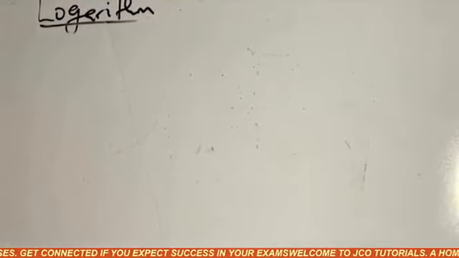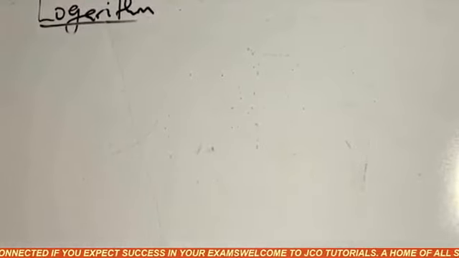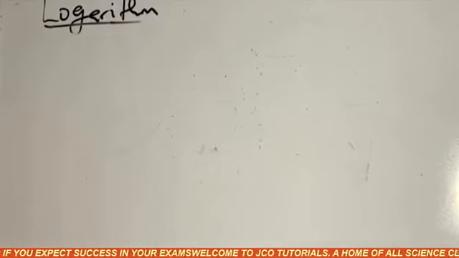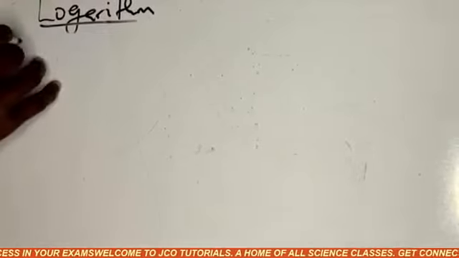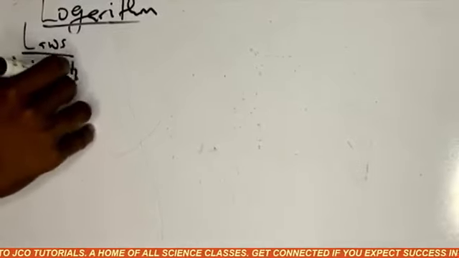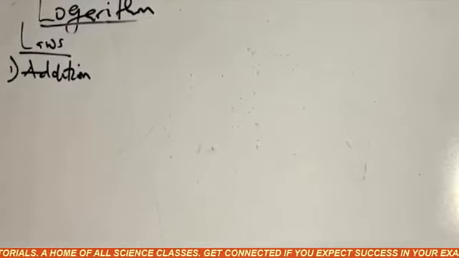That is how you transform this basic logarithm into indices. Once you transform it, you can now progress from there. Of course, you need to know how to deal with indices problems. Now, what are the laws of logarithm? We have the addition law of logarithm.